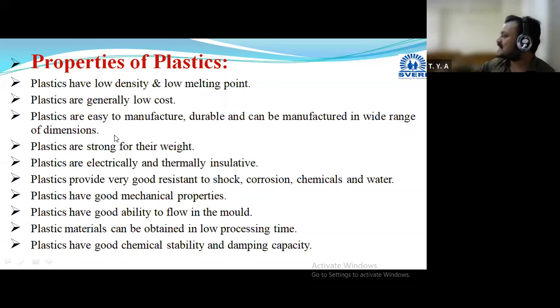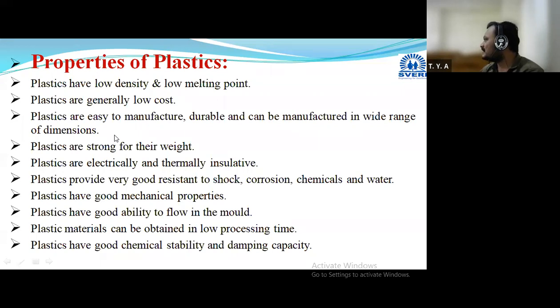If plastic chairs are there, they are available in different dimensions, small sizes for children who want small chairs, and slightly larger chairs for adults. Then benches are there. Variety of dimensions can be easily achieved.